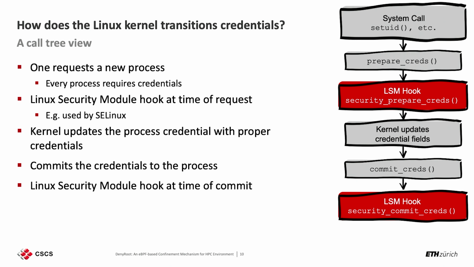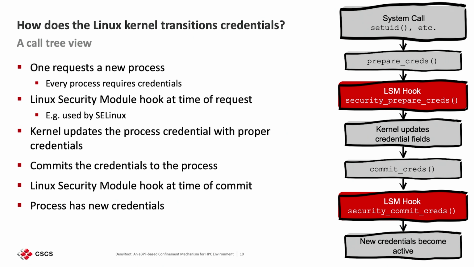After the process has been spawned and has a new credential committed, it's able to run, and you move on with the stack in the kernel, such as allocating resources and so forth.